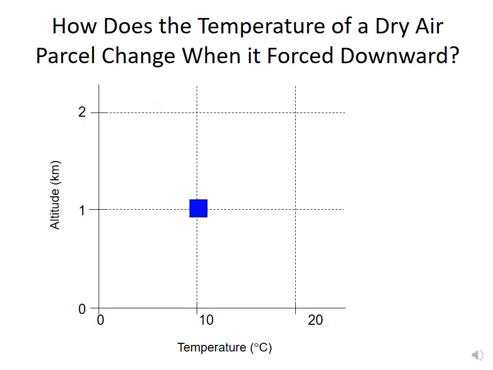What happens if we push this air parcel downward? Well, it turns out that the process is reversible as long as the air parcel does not have any cloud or liquid droplets in it.